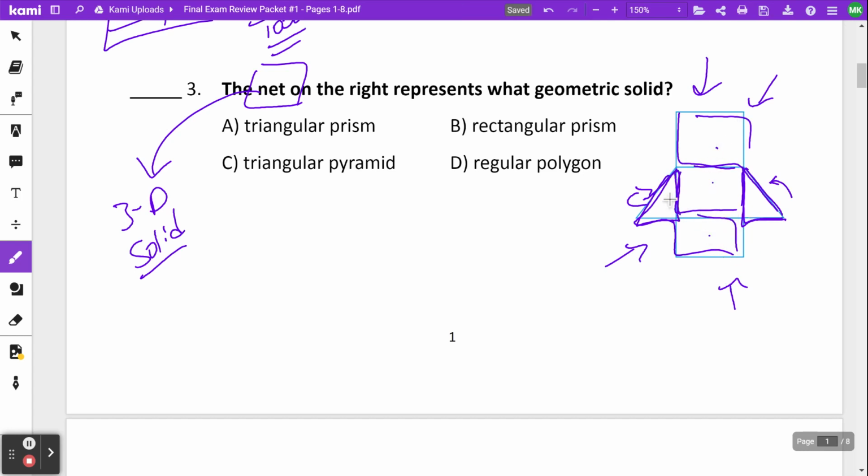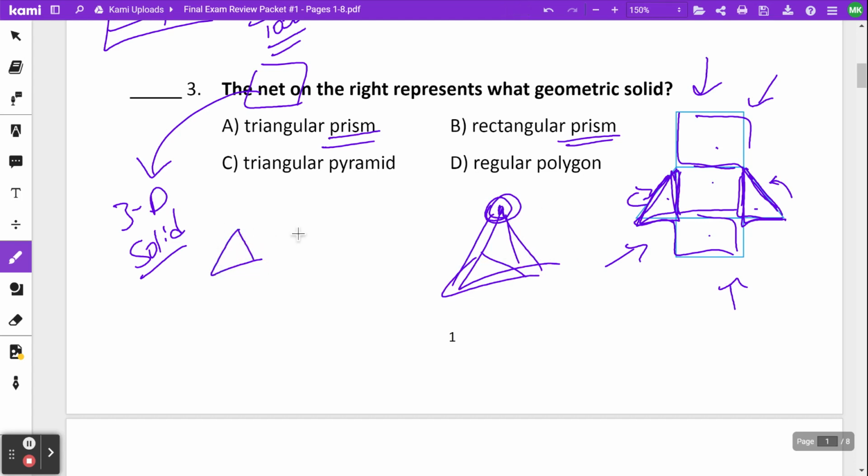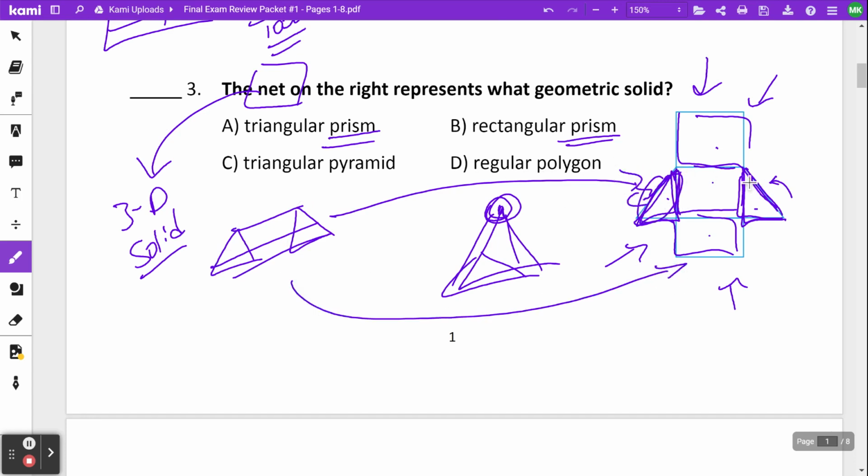So it has 1, 2, 3, 4, 5 faces. It wraps up, they have a triangle on either side, and turns into like a tube, which is known as a prism. If it all came to a point somewhere, then you would have a pyramid. But we have a prism. That's what this is. You can see there are the triangles, and then I have the 3 faces.